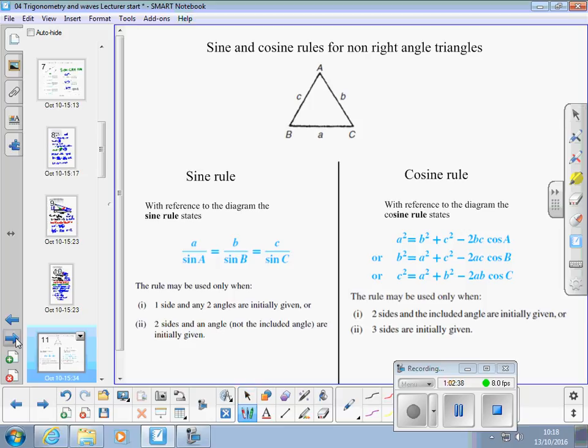So if we're talking about the sides a and b here, the included angle is C, and if we knew those two sides and that angle, we wouldn't be able to use the sine rule. Because we take any pair of these ratios and we need to know either both the sides and one of the angles, or both of the angles and one of the sides, to use it to find the unknown.